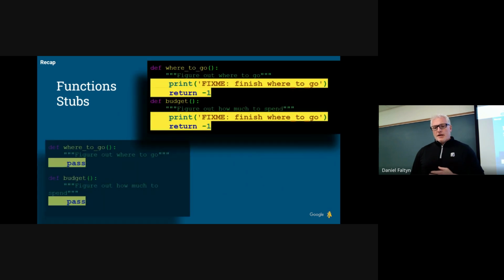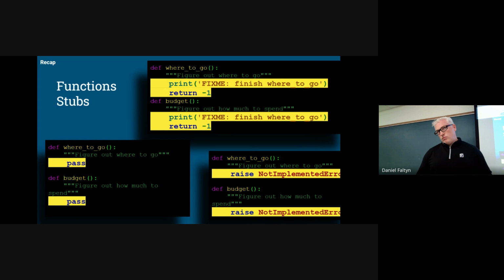All right, in lecture Monday, we talked about stubbing out our functions. And Zybooks had three pretty reasonable methods to stub out your functions. One was when you're writing your function and you're just getting started, using print and potentially returning -1.